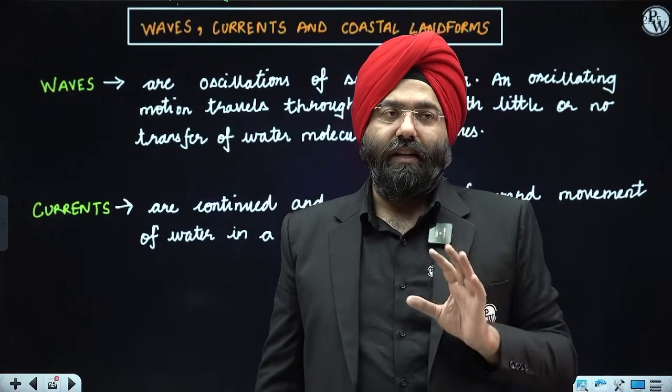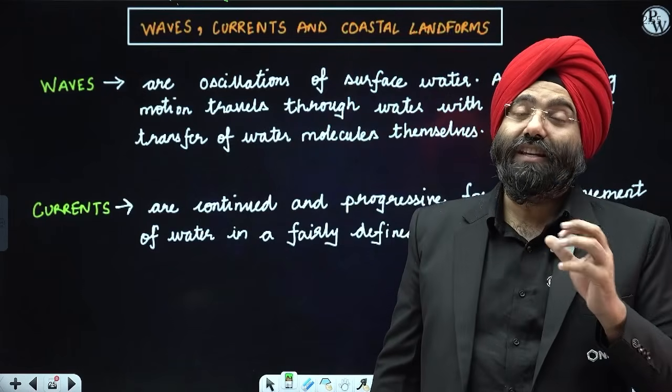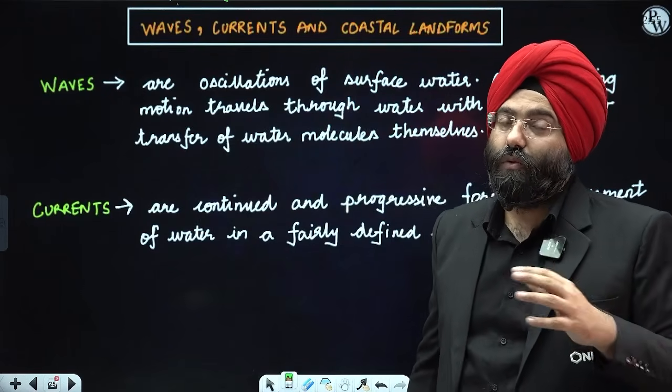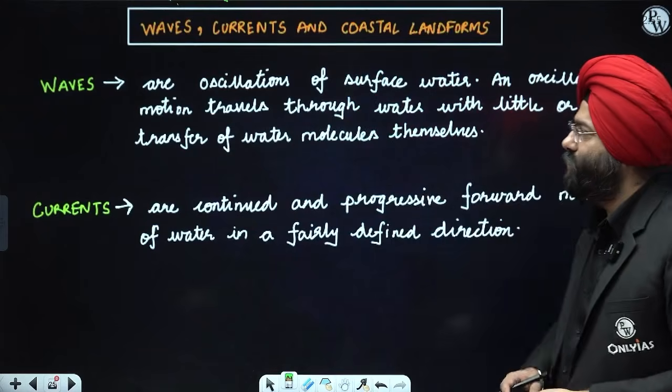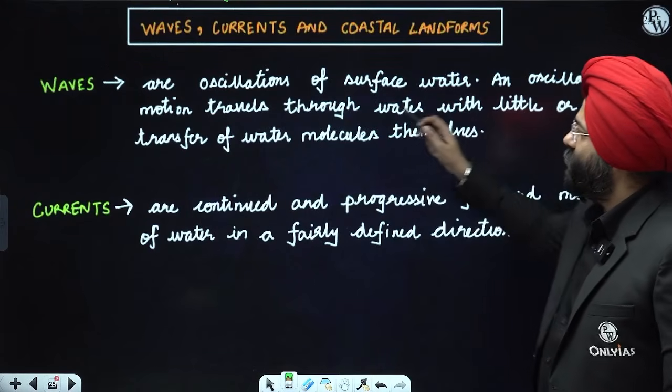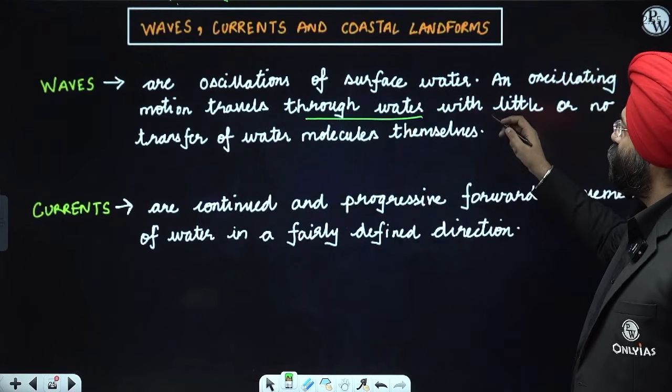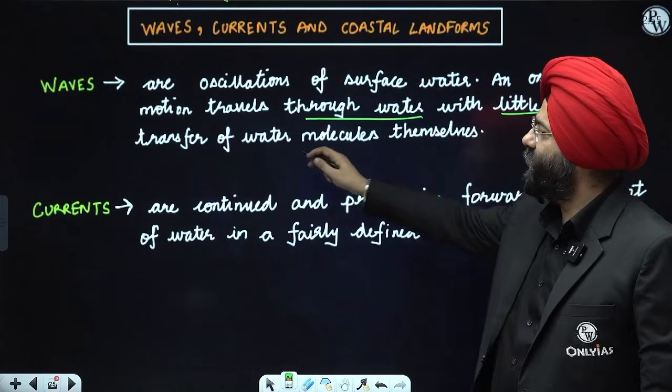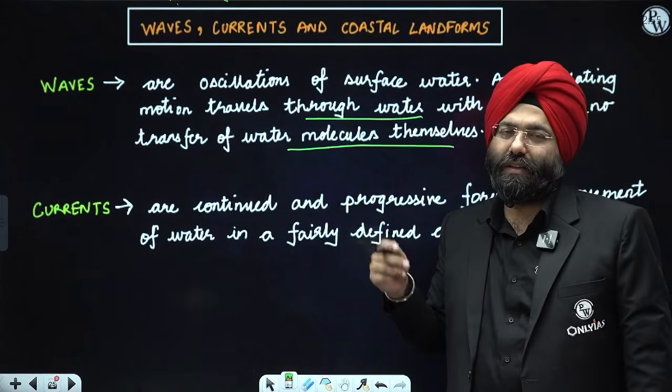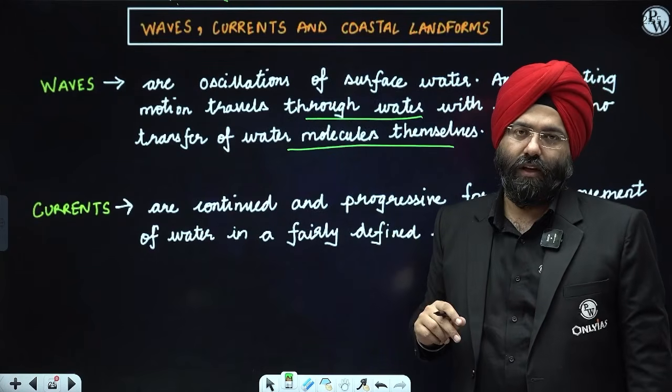Right? Now please understand, those are basically the oscillations that are moving. Water molecules are not moving, the disturbances are moving. So you see that oscillation motion travels through the water, with little or no transfer of water molecules, because the disturbance that is created is being settled down through that.